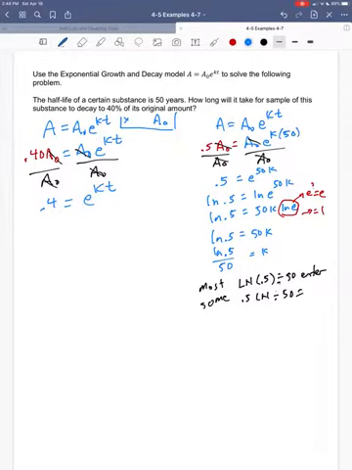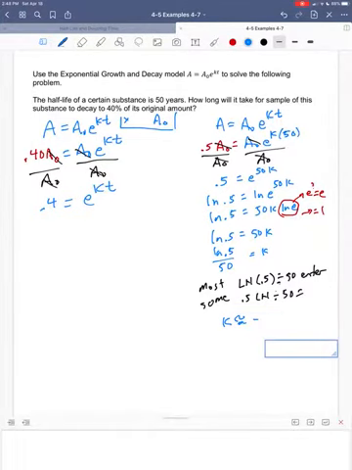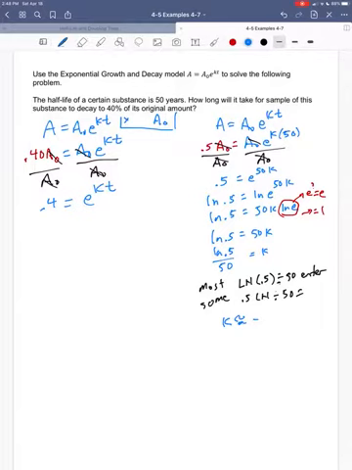And no matter which way you do it, if I round k to lots of decimal places, I'm going to get maybe negative 0.0138629.